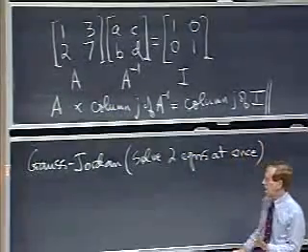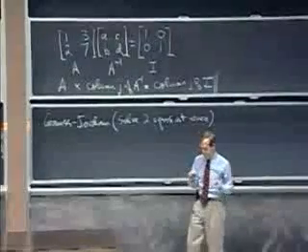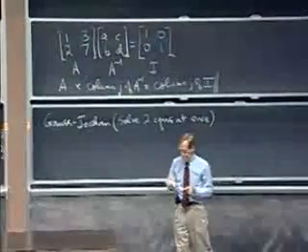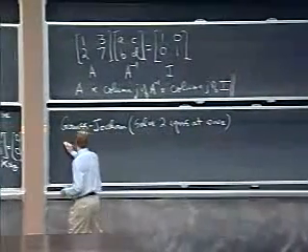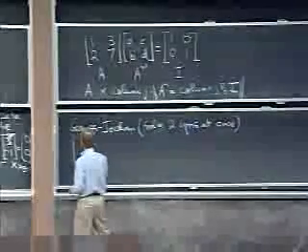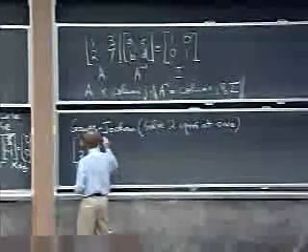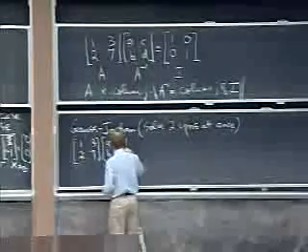Let me show you how the mechanics work. How do I solve a single equation? So the 2 equations are 1, 3, 2, 7 multiplying A, B gives 1, 0.